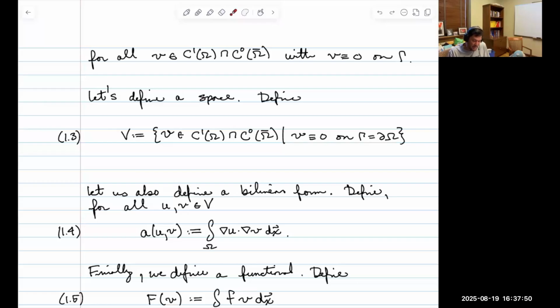So the space that we want is going to be, first of all, the space for our trial solution or our test function. Okay. So v is what we're going to call this space. It should be the set of all functions v in C1 intersects C0 omega bar, such that v is equal to 0 on the boundary. Well, can we do this? Does it make sense?